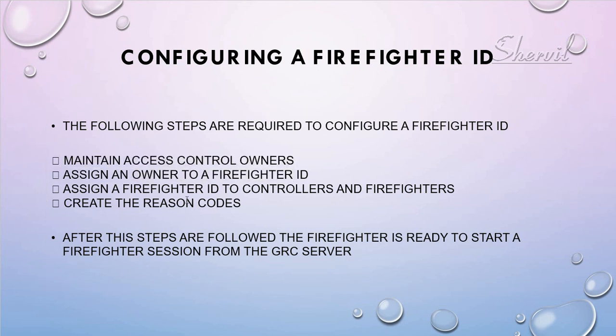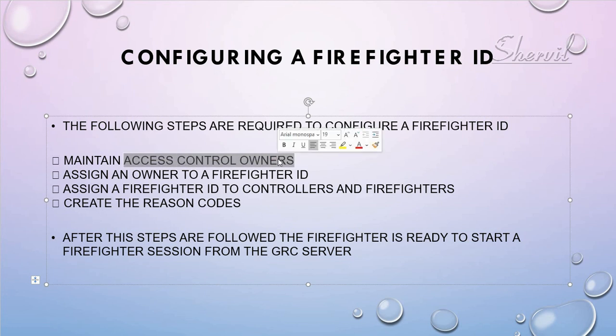What it means is you have to maintain who the controllers are and who the firefighter ID owners are. You specify the owners, the NWBC role, and assign that to the controllers and the firefighter ID owners.